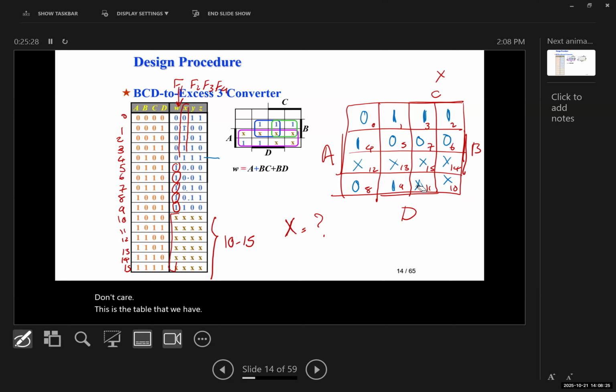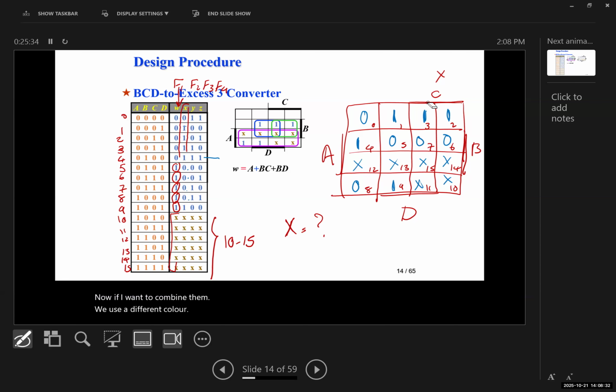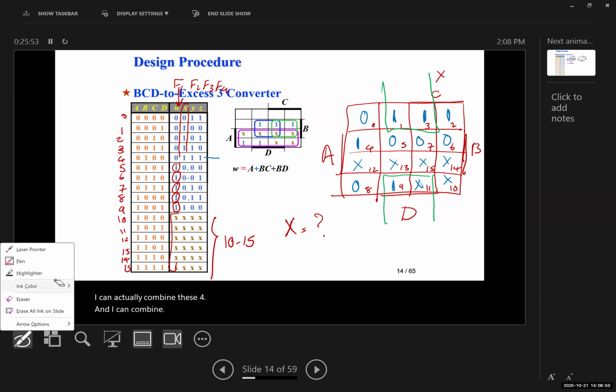Now, if we want to combine them, use a different color. I can combine these two, and to make it easier, I can actually combine these four. And let me use a different ink color.